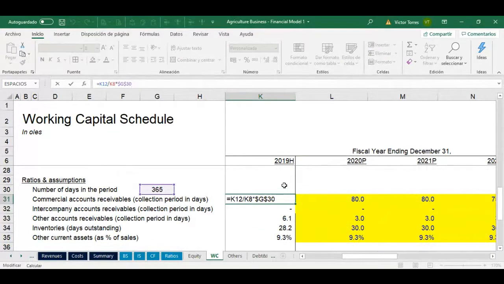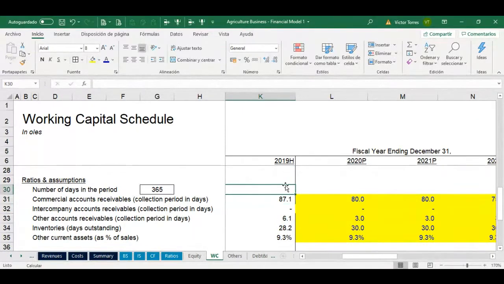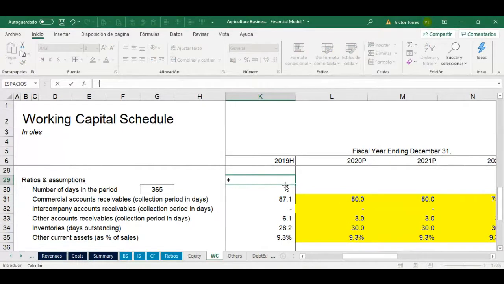What I usually get questioned about is that the formula presented in some textbooks regarding accounts receivable says that you should consider the average.